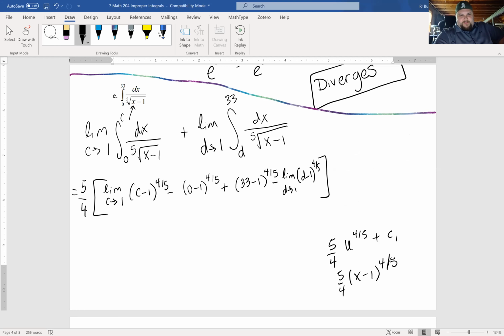So what happens for this first piece as c approaches 1? So this should go to 0. And same thing for this one, right? And we should get 5/4 times.